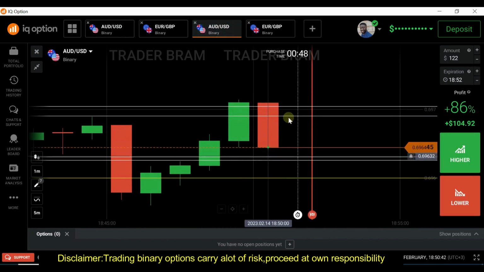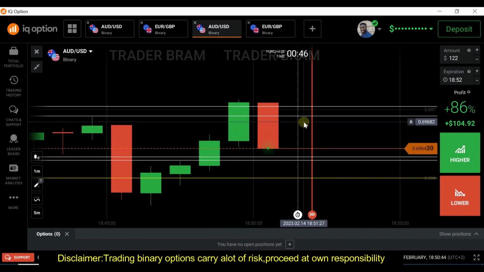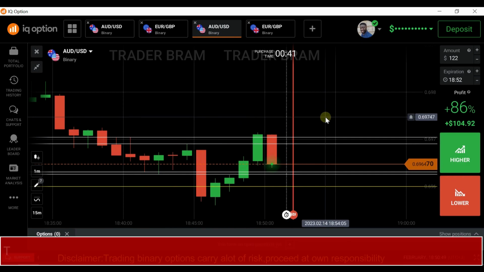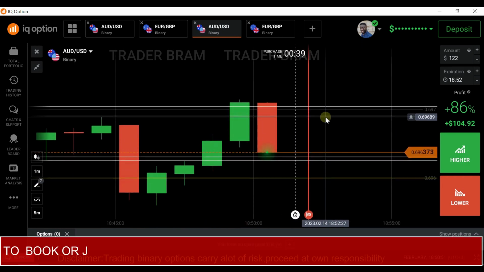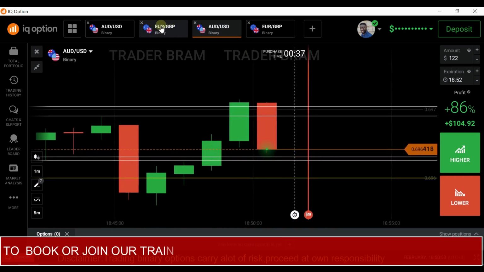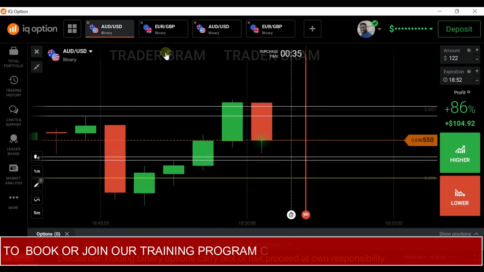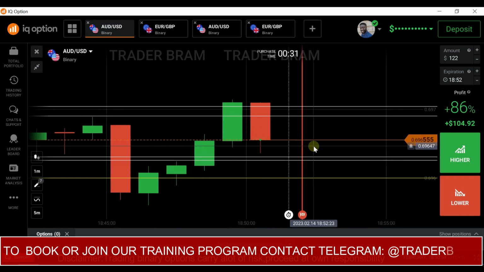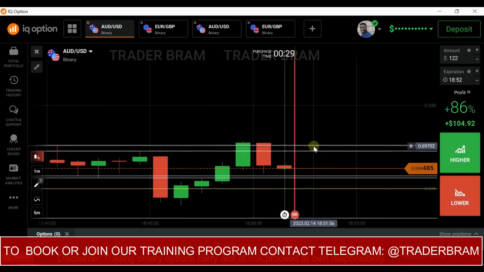So you can see sellers entry here, very strong sellers entry from that level of support and resistance. So if you can touch this level, I can take a trade, because to me this is still a good level.